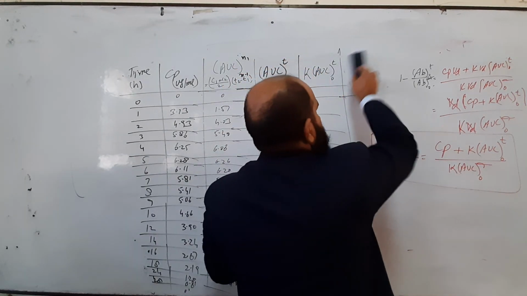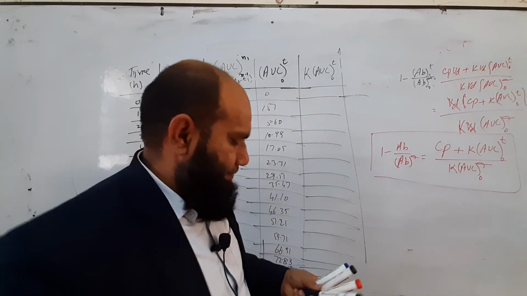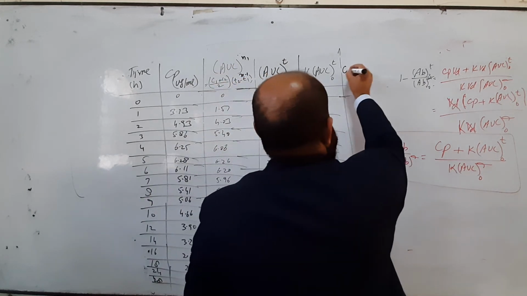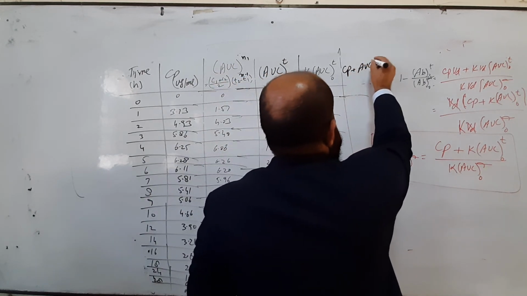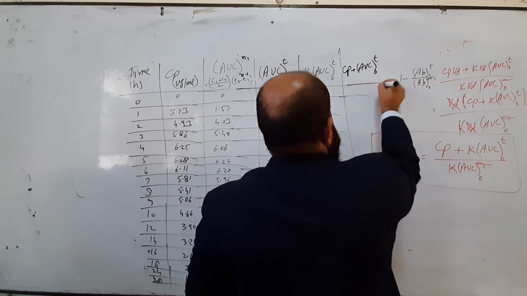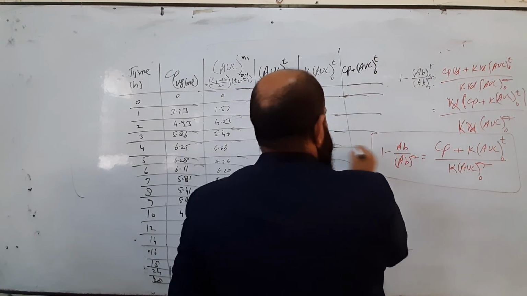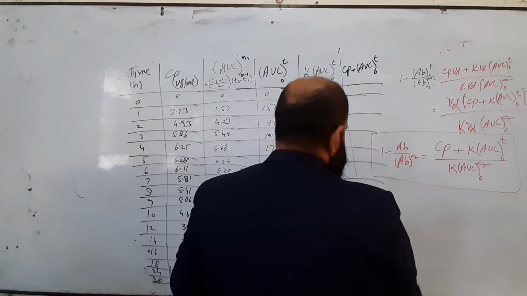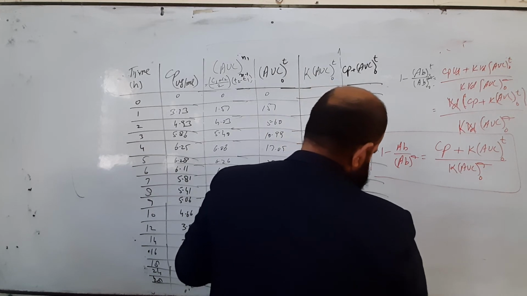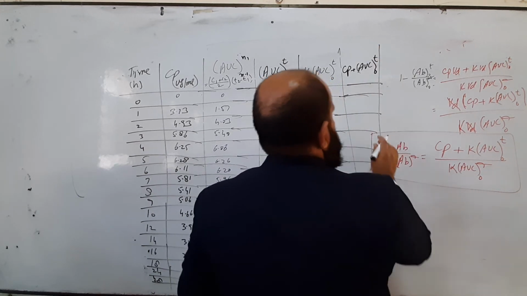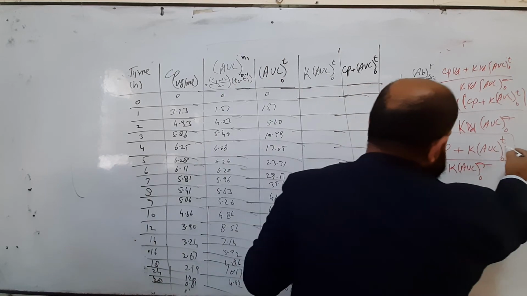That column is Cp plus AUC 0 to T. And now we have solved our numerator values, this value.